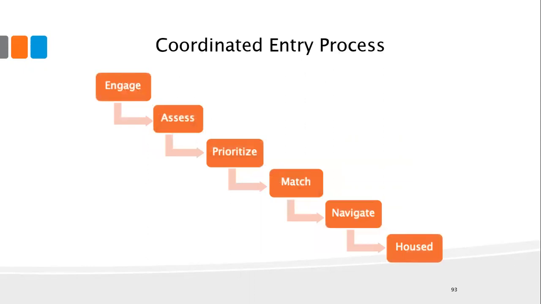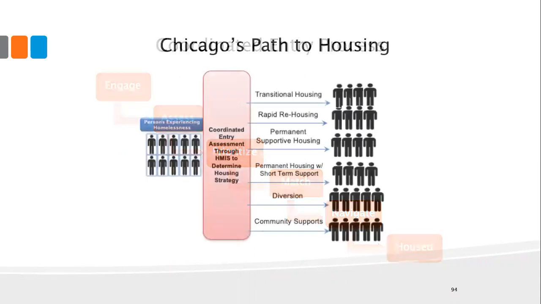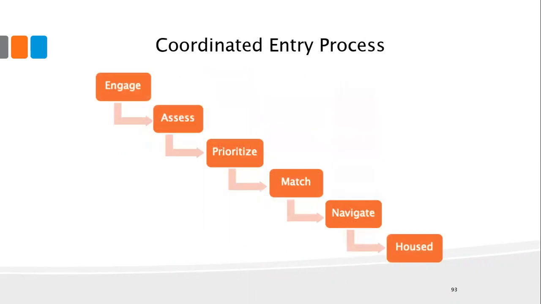Coordinated entry tries to get the most vulnerable individuals into the limited housing resources that our community has available. It is relatively new, and patients may not be in the system, so you can really make a difference in helping the patients.